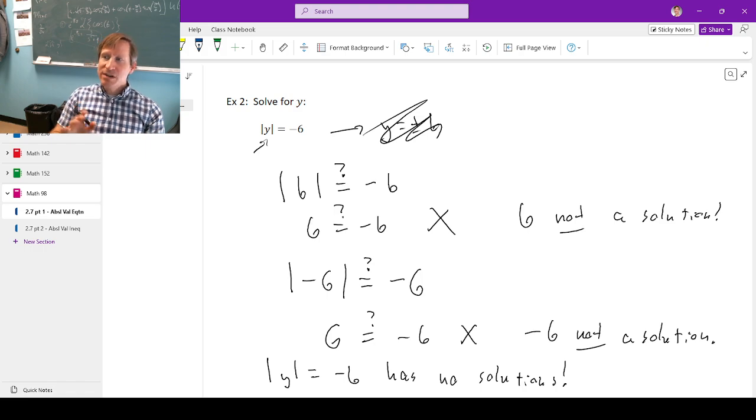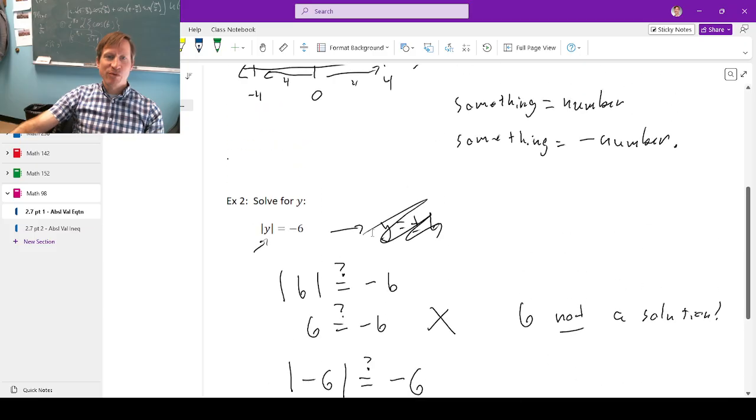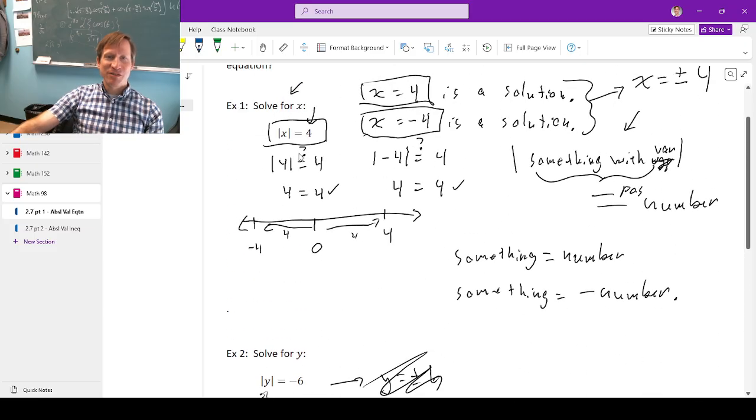So the point of these two examples, the original one where absolute value of x is equal to 4, and then the second example where the absolute value of y is equal to negative 6, is that it makes a difference to our absolute value equation whether the right-hand side with the number on it is positive or negative. An absolute value can't be negative because the absolute value forces it to be positive.